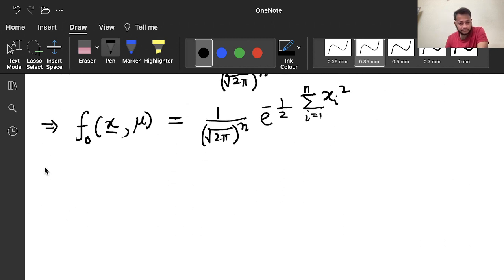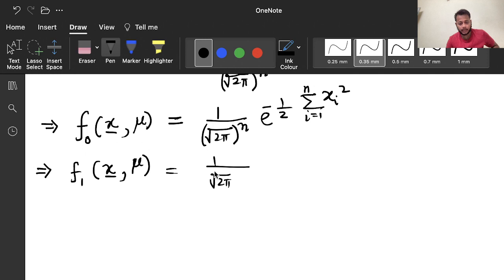Now under the alternative hypothesis, how does the distribution look like? That will be 1 by root 2 pi to the power n e to the power minus half summation of i equal to 1 to n (xi minus 1) square.